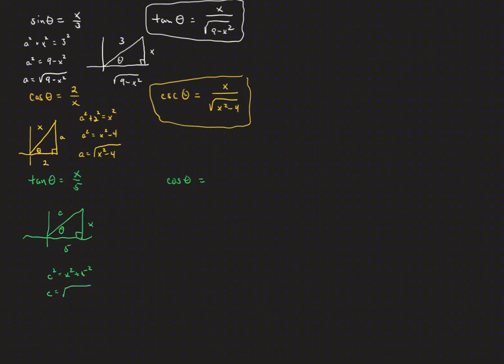So c is going to be the square root of x squared plus 25. So I will call that hypotenuse the square root of x squared plus 25. So that's going to make the cosine be the adjacent 5 over the hypotenuse square root of x squared plus 25.